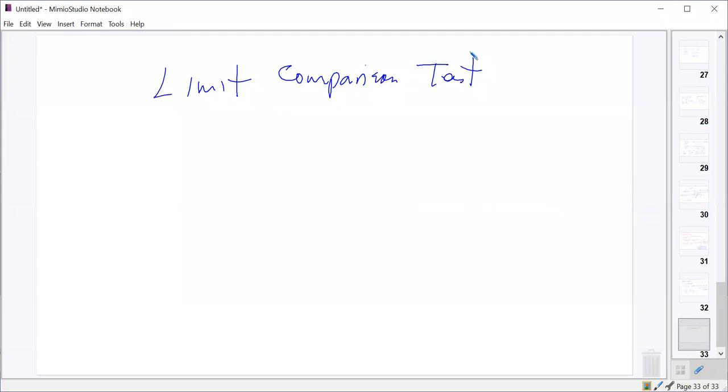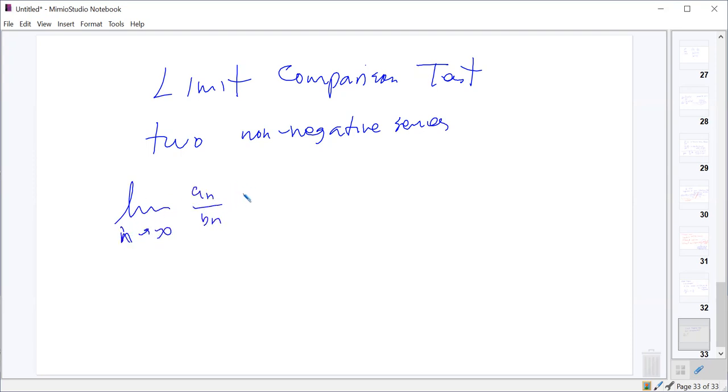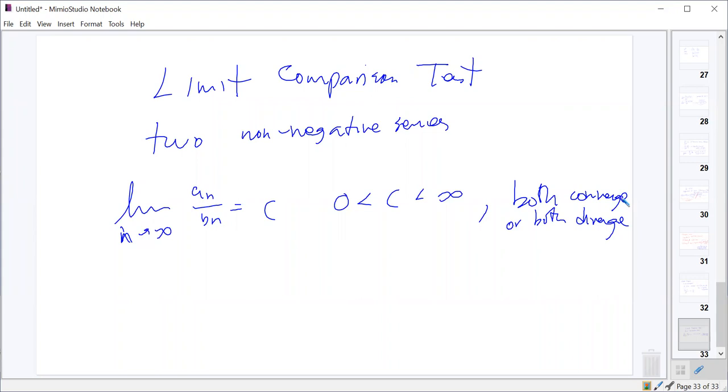The limit comparison test just says that if we have two non-negative series and the limit as n approaches infinity of a sub n over b sub n is some value c, where c is less than infinity and greater than 0, they both converge or they both diverge, one or the other. You just need to know whether one of them converges or diverges, and then you'll know that the other one does too.